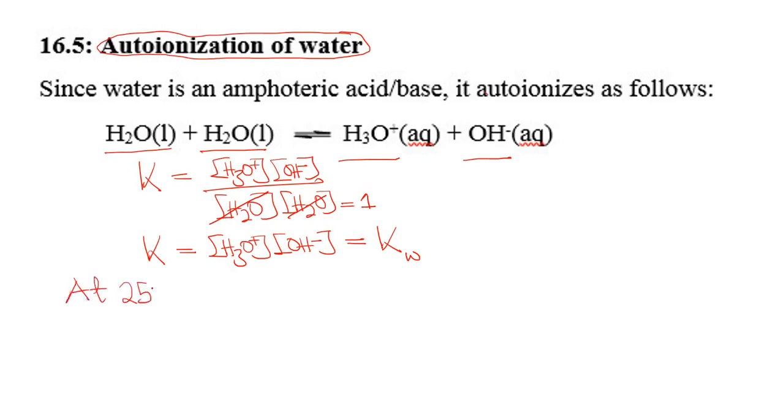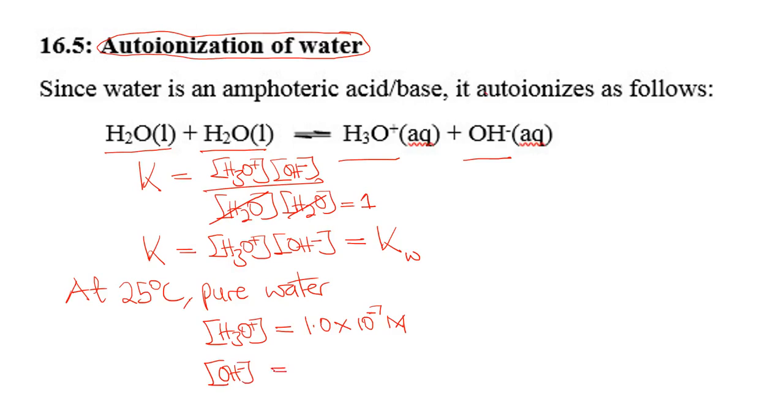At 25 degrees Celsius and for pure water, the concentration of the hydronium ion is 1.0 times 10 to the power minus 7 molar, and the concentration of the hydroxide ion is also 1.0 times 10 to the power minus 7 molar.